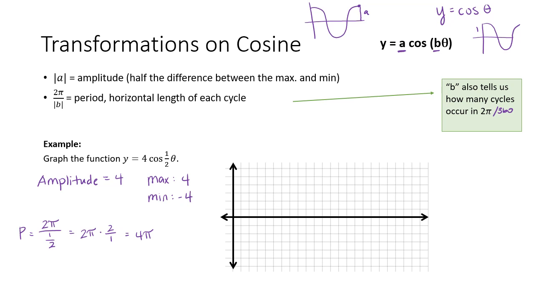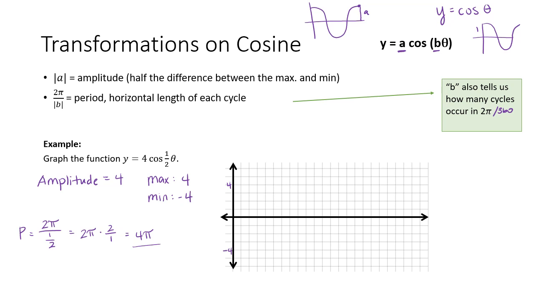So let's think about how we might go about graphing that. I have a set of axes on graph paper over here on my page, and I've kind of extended it because I know that my period is longer now. It's 4 pi. So I will make my y-axis scale just by 1. So 1, 2, 3, 4 will literally be 4 units up, and then -4 will be 4 units down.